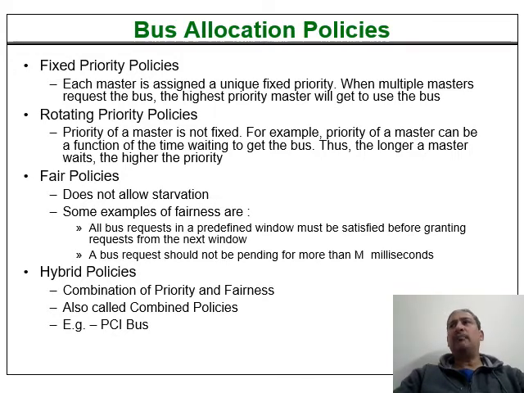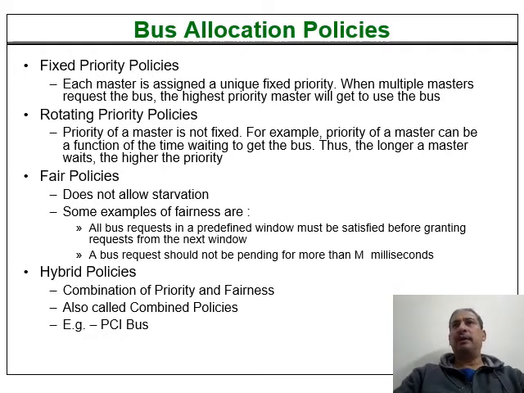Now, we may have a number of types of priority. The simplest is the fixed priority policy. Let us say I implement the priority policy in the class that your roll number is your priority, and the smaller the roll number, the higher the priority. That means roll number 1 has the highest priority, roll number 10 has lower priority, roll number 20 has still lower priority, and so on.